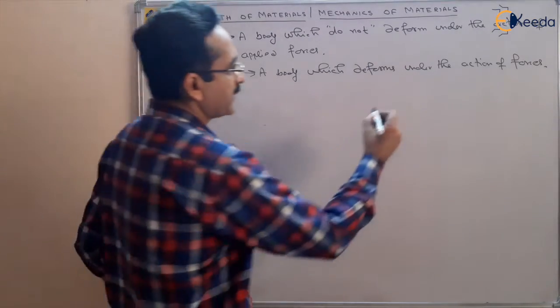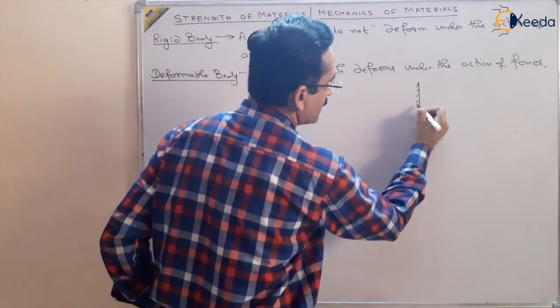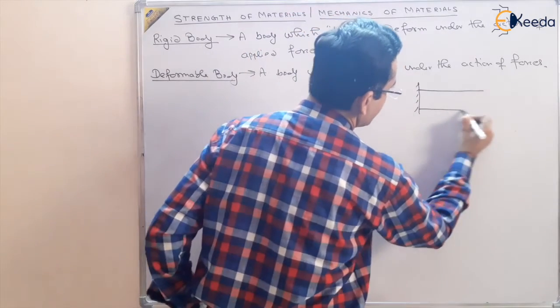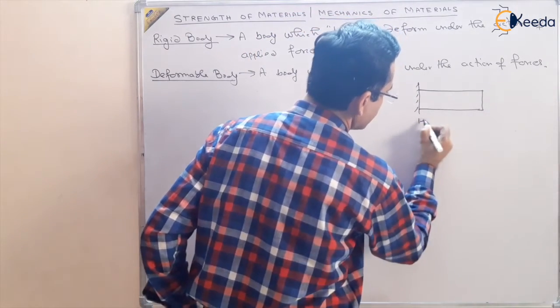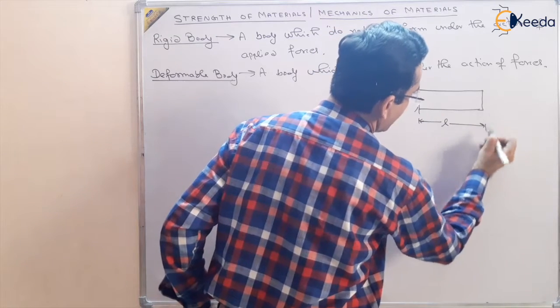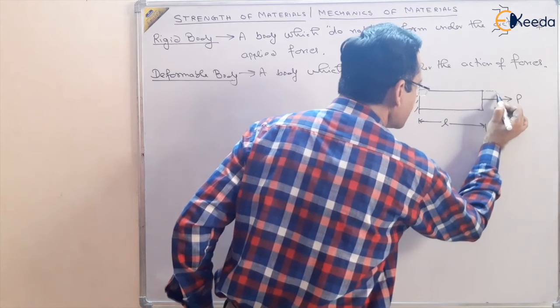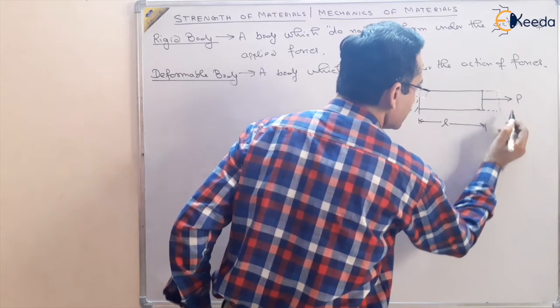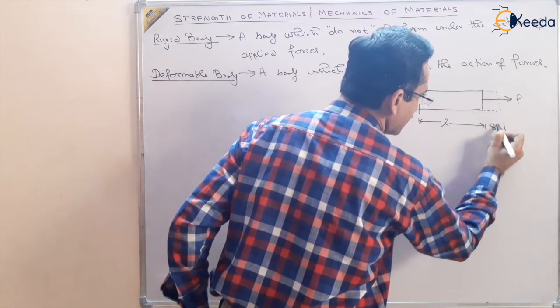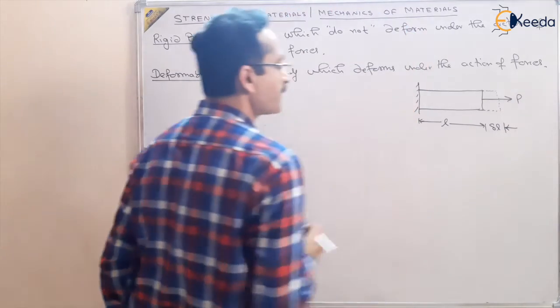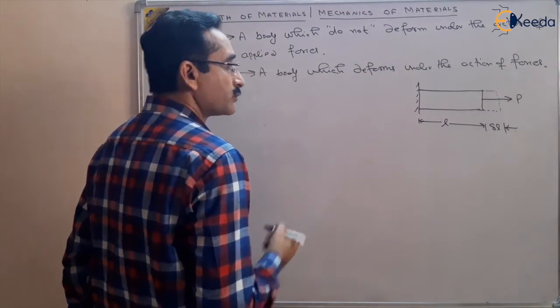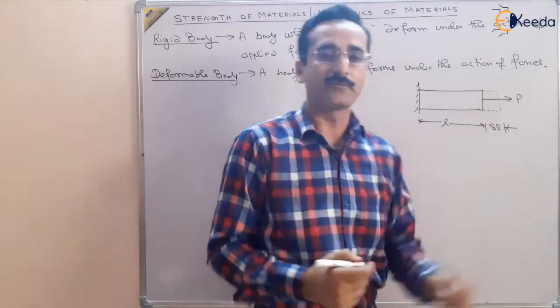So if I make a diagram, suppose this is a bar of certain length L and we apply a force P to this bar, there is certainly some deformation in this bar, and suppose this deformation is delta L. So what will happen if I remove this force P?